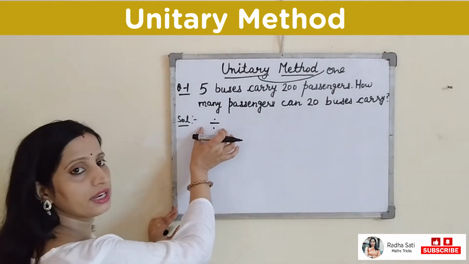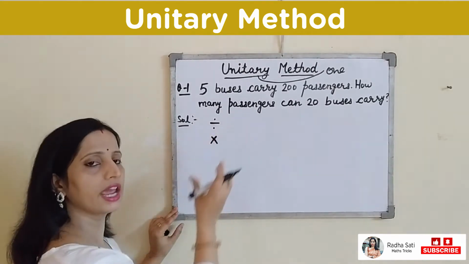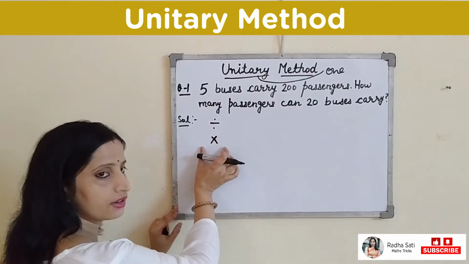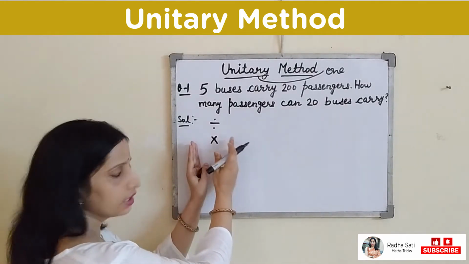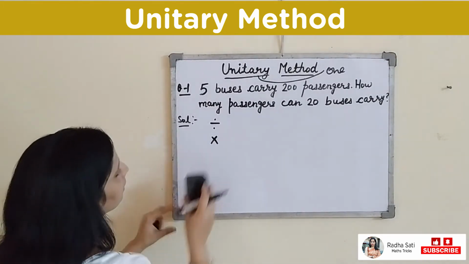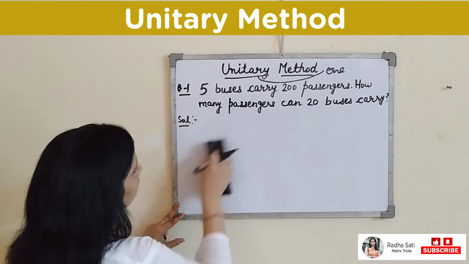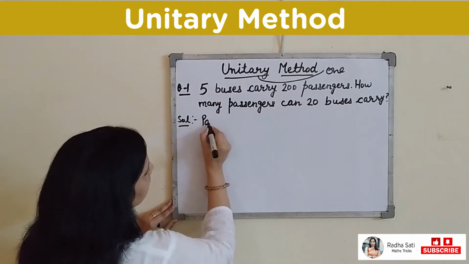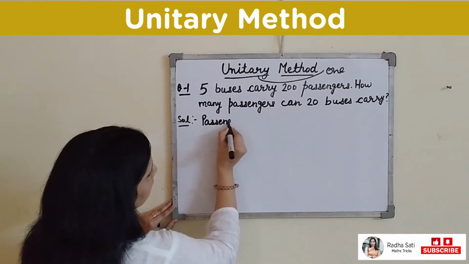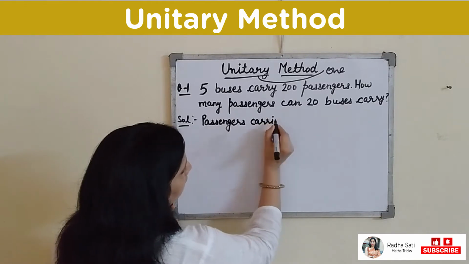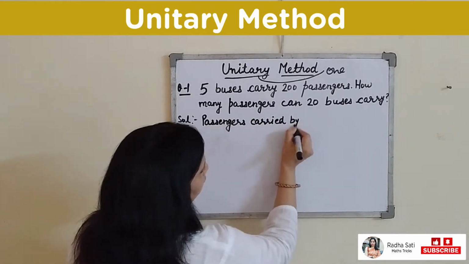We always divide when the value of more is given and we have to find the value of 1. And we will multiply when the value of 1 is given and we have to find the value of more units. So let's start doing this question. So first is passengers carried by 5 buses.